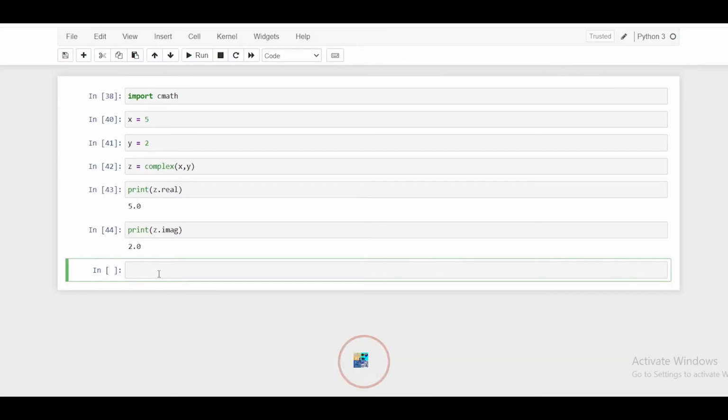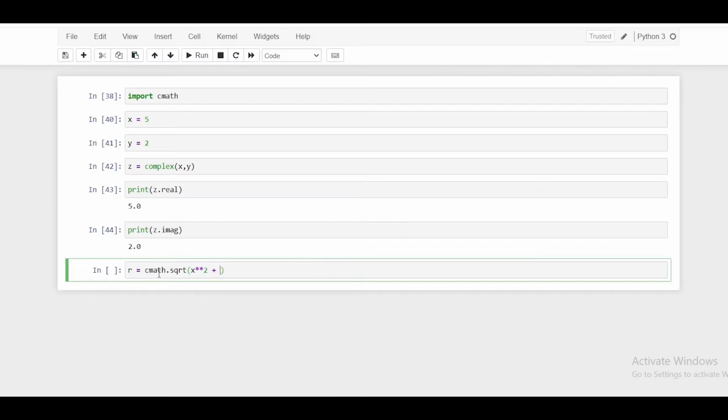Now let us see how we find the modulus of z, or r in polar form, which is the distance from the origin to the point we want to indicate. So here r is nothing but cmath dot sqrt, the square root method, in order to find the square root of the given expression. We know that r is square root of x square plus y square.